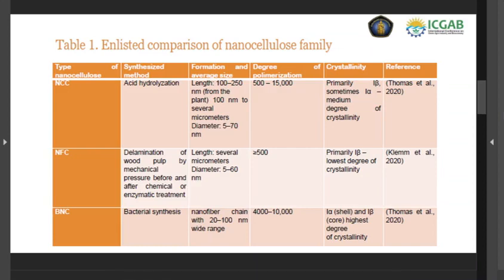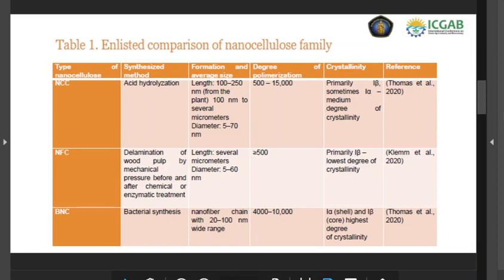And then we are going to the comparison of the nanocellulose family. In general, nanocellulose is classified into three. The first is nanofibril cellulose. And then the second is nanocrystal cellulose. And then the last is bacterial nanocellulose.